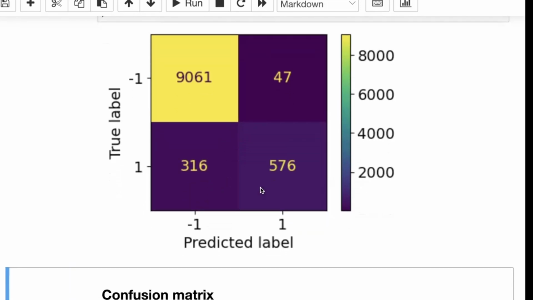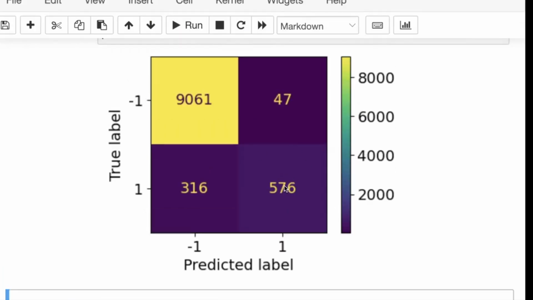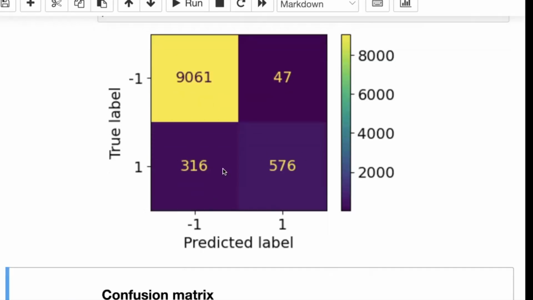However, you see the problem in the second row, right? Roughly speaking, we have about 1,000 data points that are from digit 5, meaning it's positive or true. But you can see that we are making a lot of mistakes because only 576 of them are correctly classified or labeled as positive, and a lot of them are misclassified.